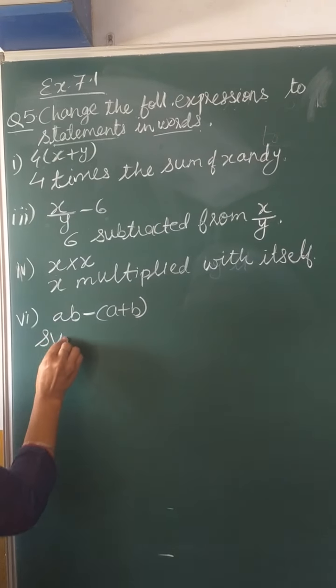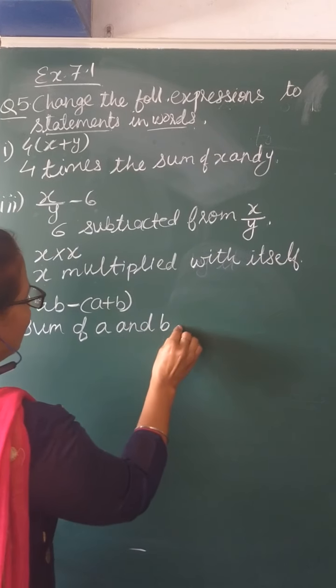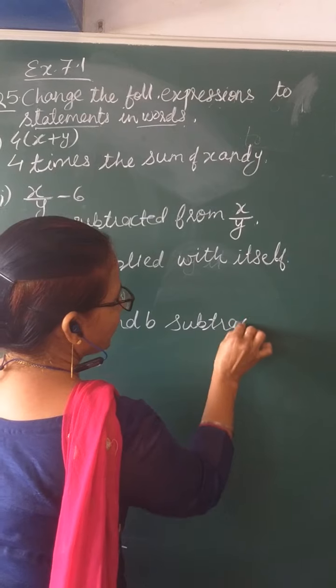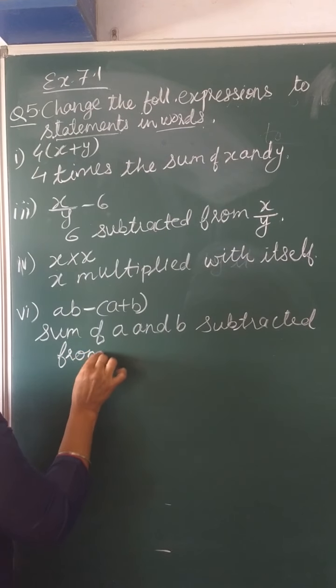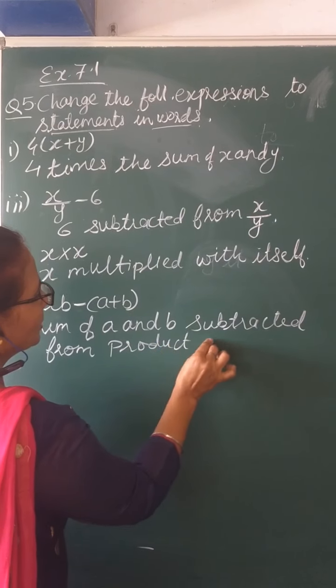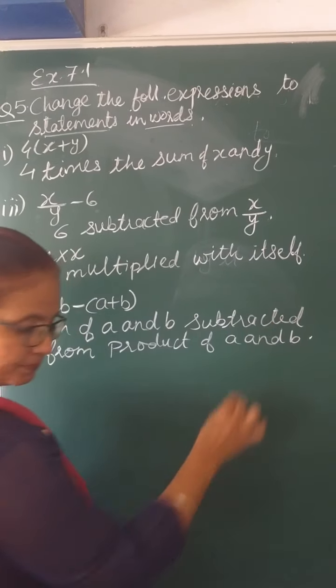So write sum of A and B subtracted from what? This is the product, means answer of multiplication, product of A and B.